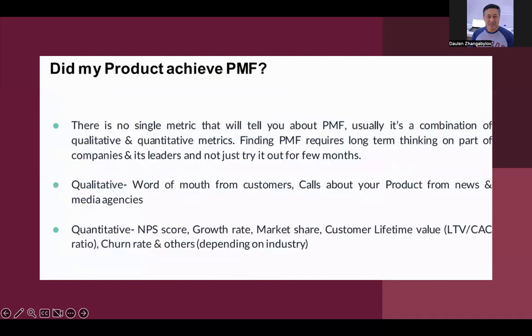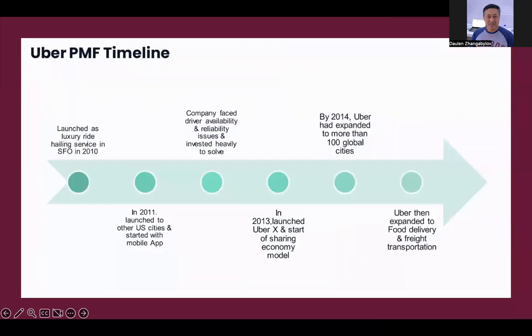Just to solidify my message, the Uber case: you see, they always continue changing their product. They are always testing their product market fit. They started one business for luxury, then did an app, then faced some issues, technical and people issues, then they totally changed their model.